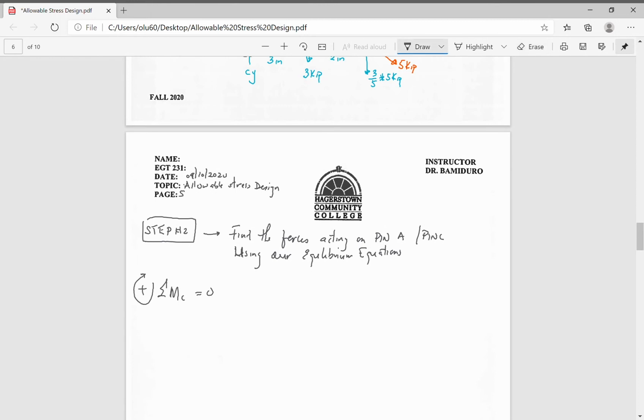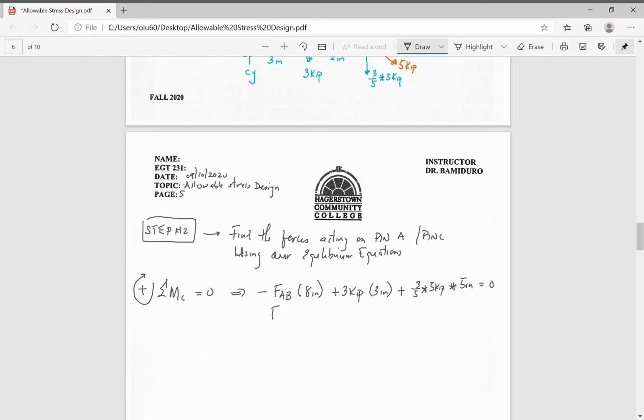Now we can say the sum of the moments about point C is going to be negative FAB times 8 inches plus 3 kips times 3 inches plus 3/5 times 5 kips times 5 inches equals 0.